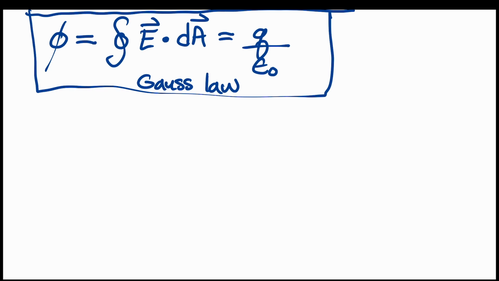So the flux through that imaginary sphere is equal to this. And this is true for every case where your charge is in a vacuum. It's always going to be true.